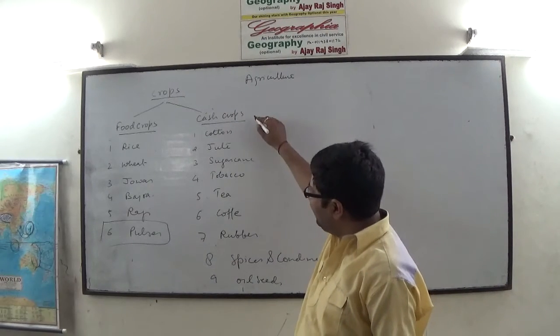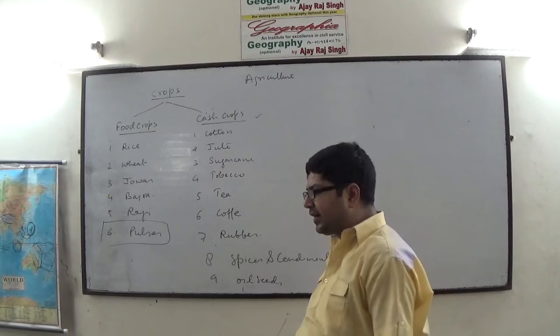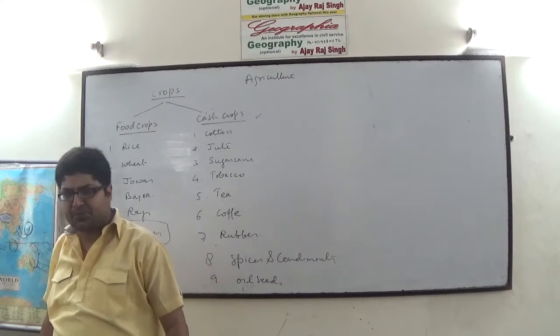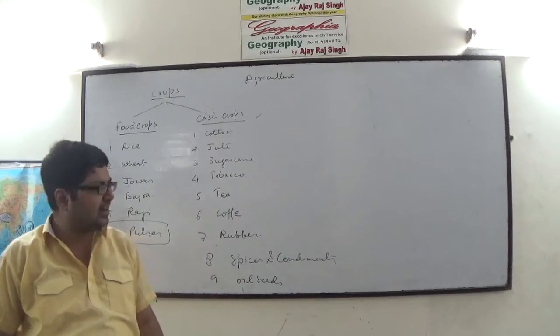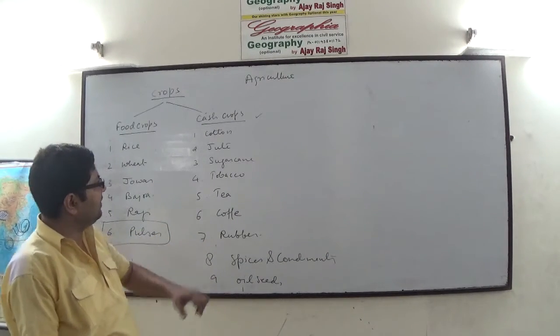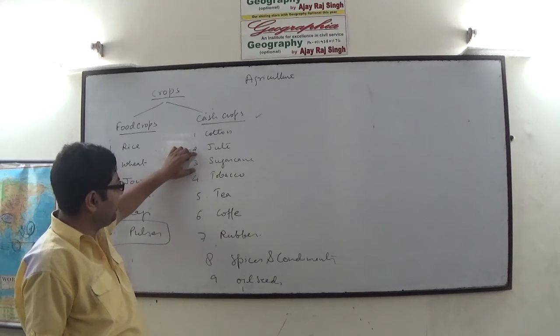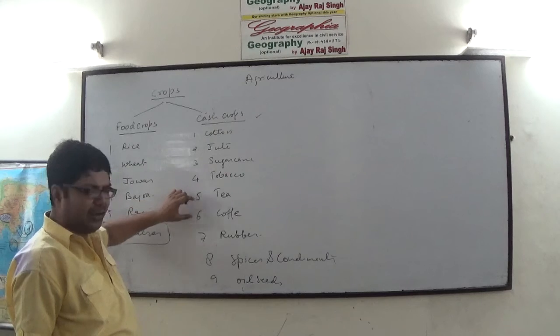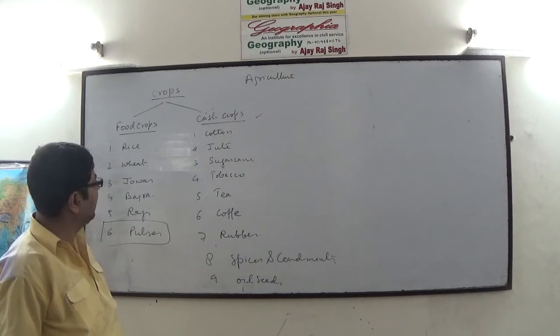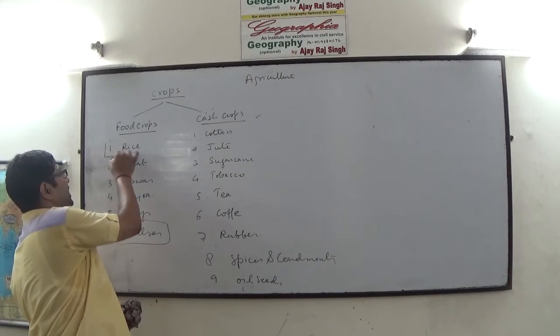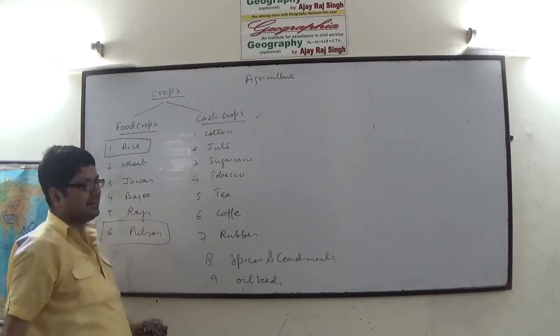While discussing cash crops, we will also try to understand all the factors, why these industries developed or are lacking in development: cotton textile industry, sugarcane industry, tea, coffee, rubber. Now, first we will start with rice.